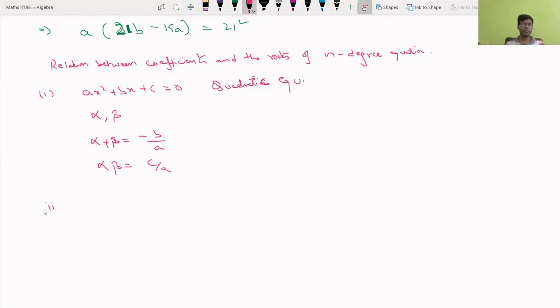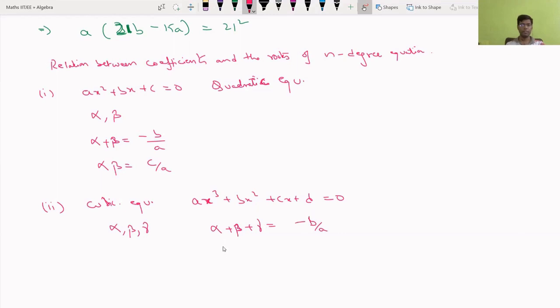Now suppose if I have a cubic equation, means we have the maximum degree as 3. So say it is of the form ax cube plus bx square plus cx plus d is equal to 0. Then alpha, beta and gamma be the roots. Then sum of the roots, that is alpha plus beta plus gamma, is given as minus b by a.